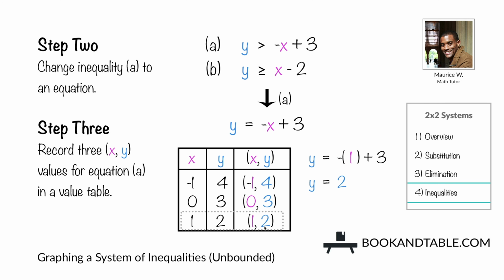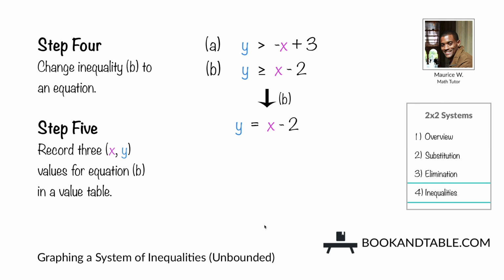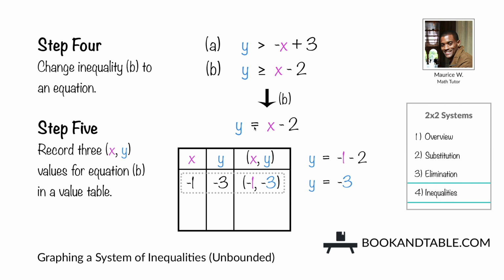So now we'll put this value table to the side and repeat this process for inequality B so that we're able to sketch this line as well. So step 4, change inequality B to an equation. So we change our inequality sign to an equal sign. And now step 5, we want to record 3 xy values for equation B in a value table.